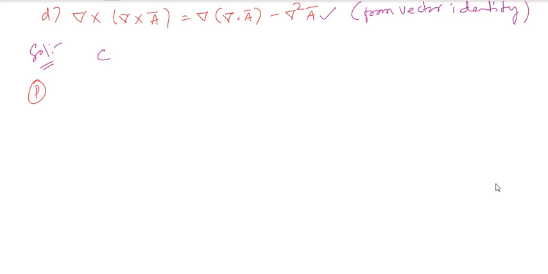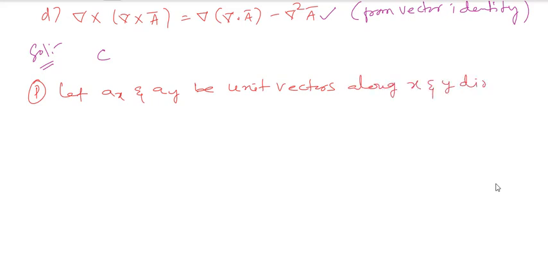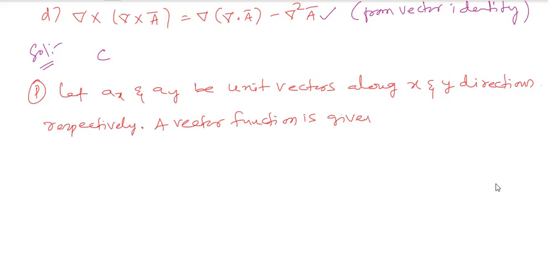Let a_x and a_y be the unit vectors along the X and Y directions respectively. A vector function is given by F is equivalent to a_x y minus a_y x.